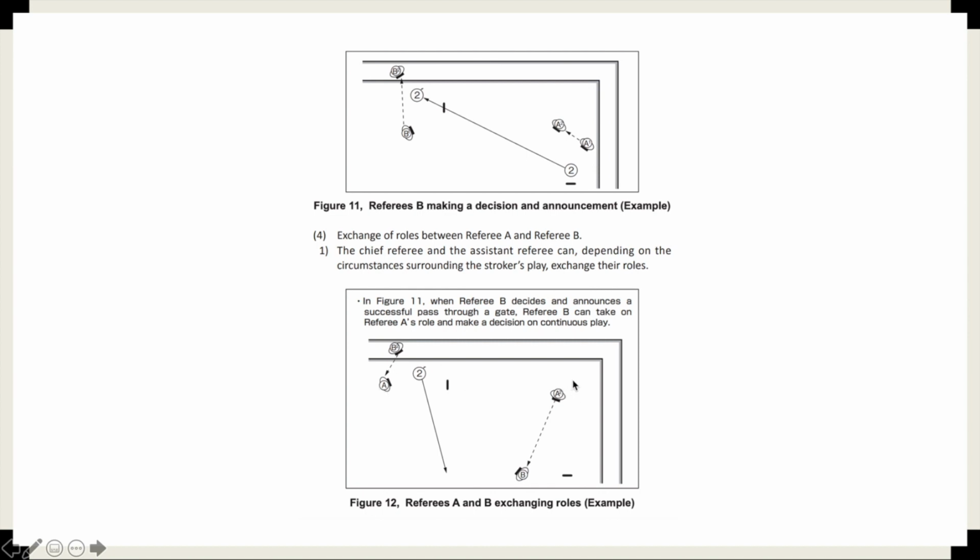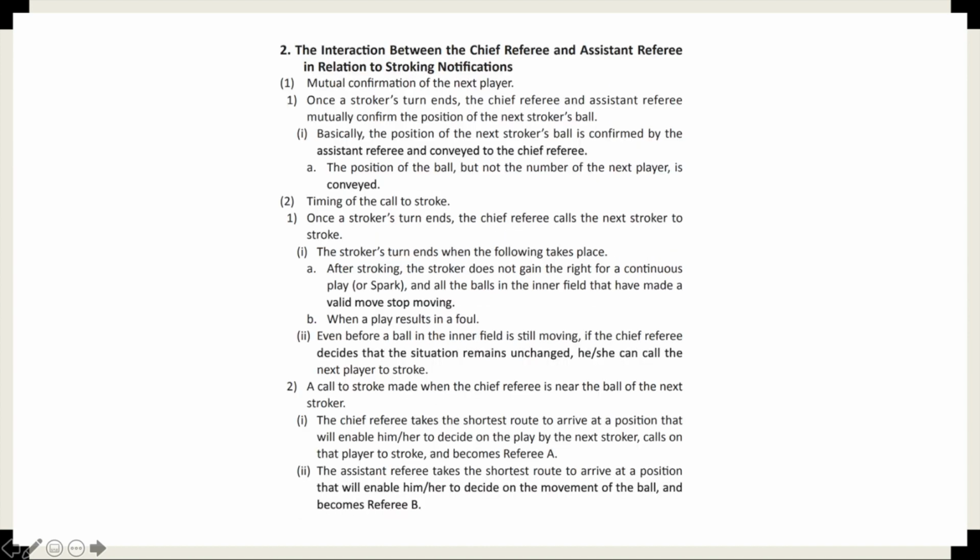And because referee A in the past example is the closest to the next positioning of ball 2, which is playing towards gate 3 in this situation, referee A moves and becomes referee B. So we can see a very simple and straightforward exchange of roles depending on who is closer to the stroker and the intended path of stroking or sparking. Incredibly important to know this one. This is where most problems arise in refereeing positioning.